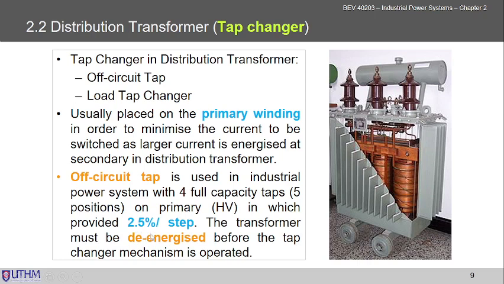Because our allowable tolerance for the voltage is plus or minus 10%. So one step is equivalent to 2.5%. At the upper scale, that means positive 10%. Once you adjust from 0 to 1 step, you have increased the voltage by 2.5%. So that is the meaning.